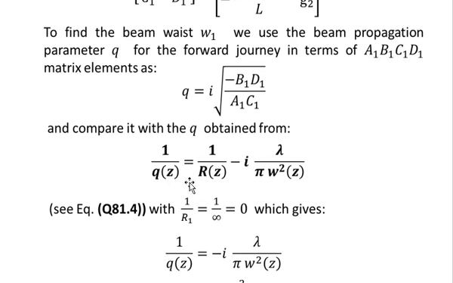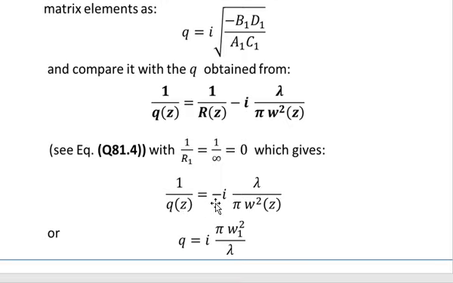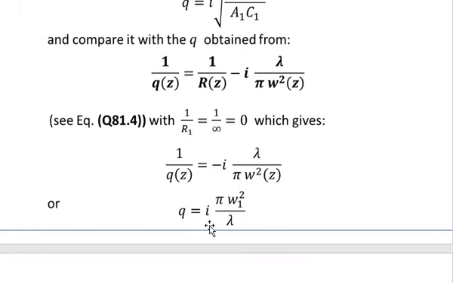You see that in this relationship we have to set the value of R goes to infinity, that is R1 goes to infinity. So we have 1 over infinity equal to 0, so that the Q should be purely a complex quantity. And then solving this one, we have 1 over Q of Z is equal to minus iota times lambda over pi W squared of Z. And from here you can get the value of Q, which is equal to minus iota into pi W1 squared over lambda. So if you write Q1, you can write W1.